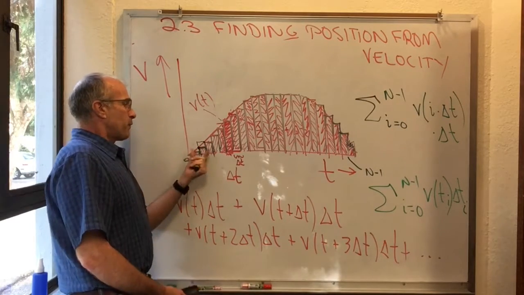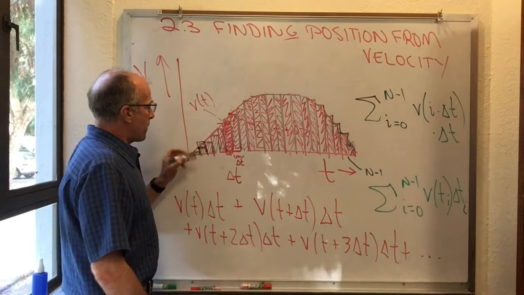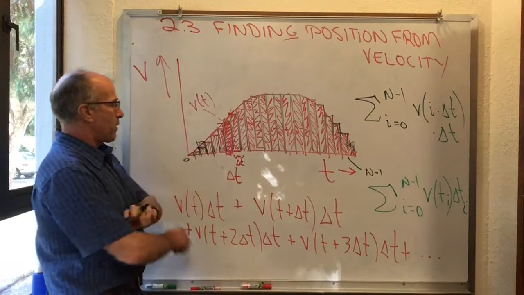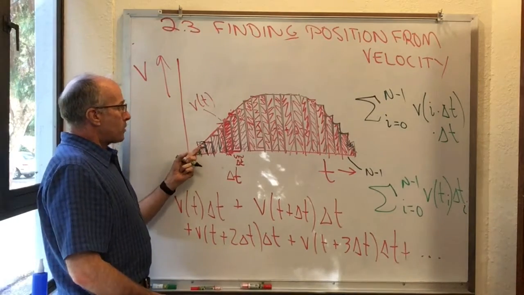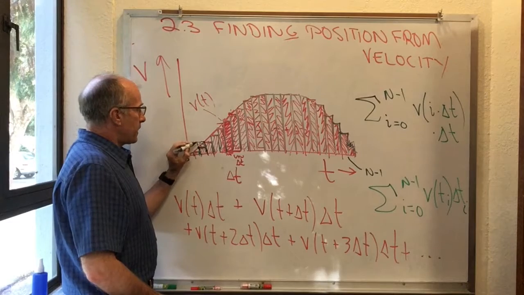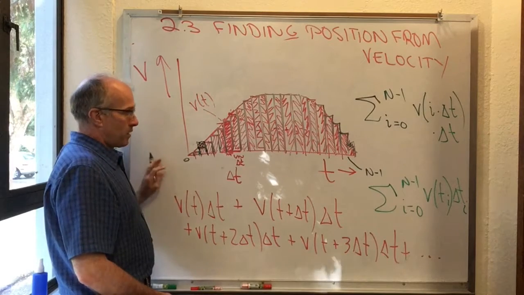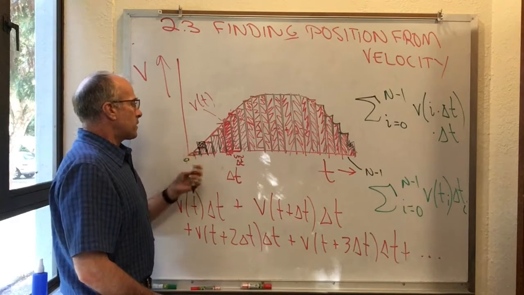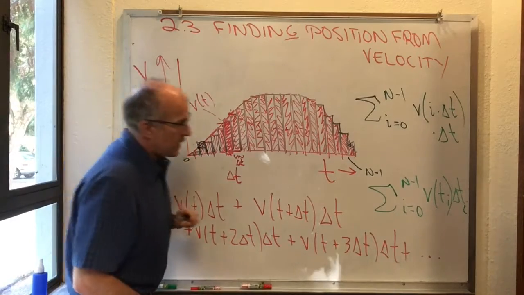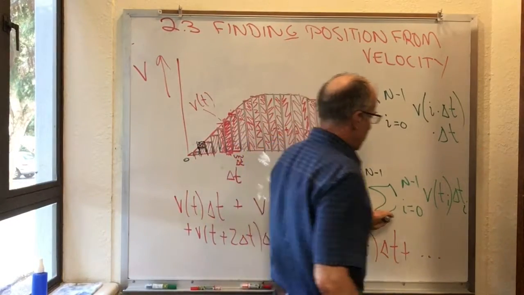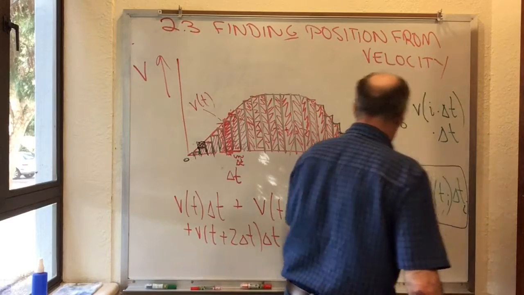As long as these are sufficiently narrow that that error that I made, which is that little area right there, that's the most I could estimate versus the least I could estimate, is that difference right there. As long as they're sufficiently narrow that that difference is negligible, then this is the total distance traveled.